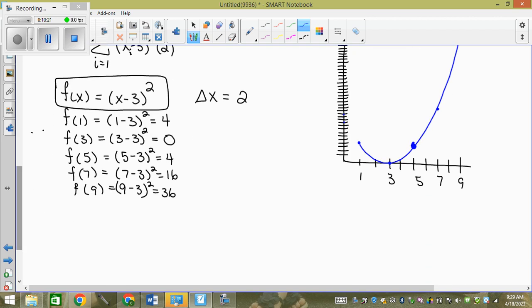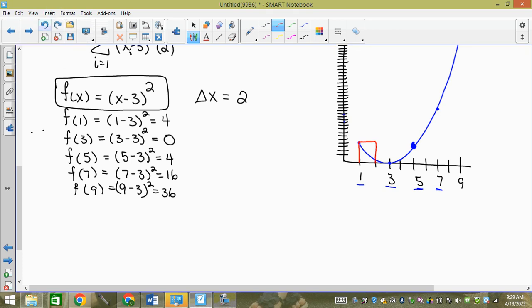Now, if I'm doing the left-sided ones, I'm going to use this and this to make my rectangles, right? So I'm going to go up to this height, over, down, area 1. Then I need to go over a little further. What is the area of the next one? 0.